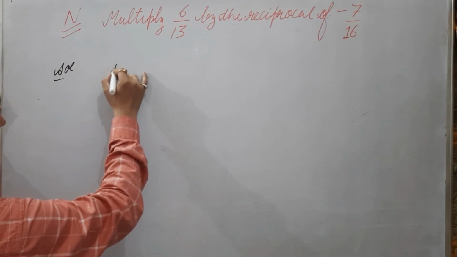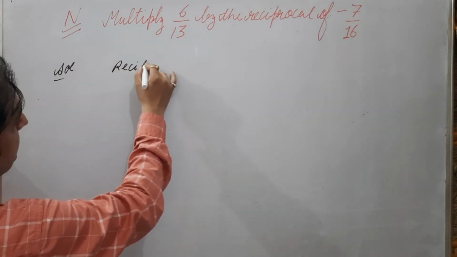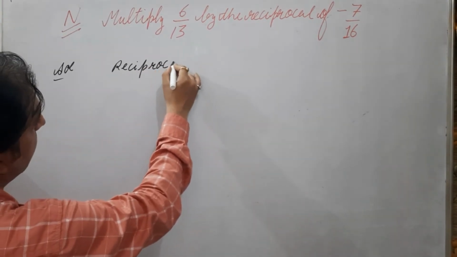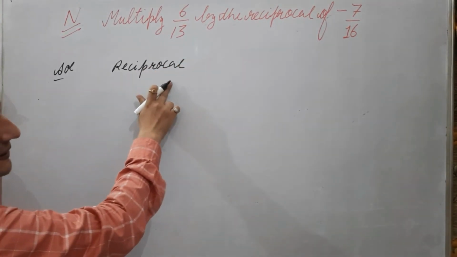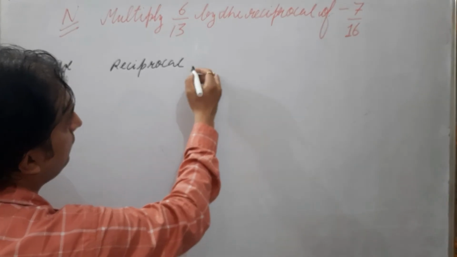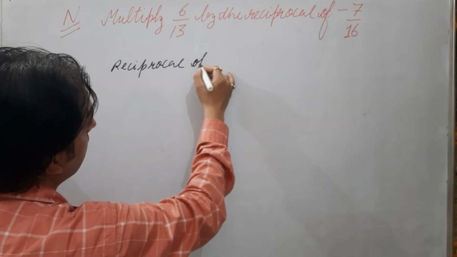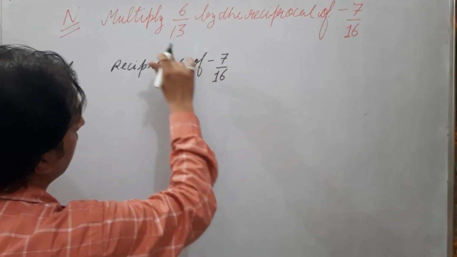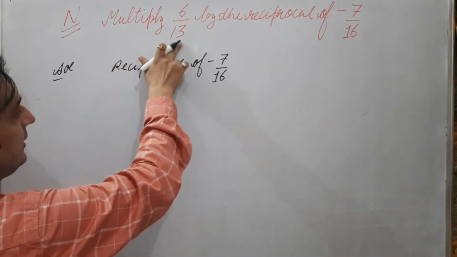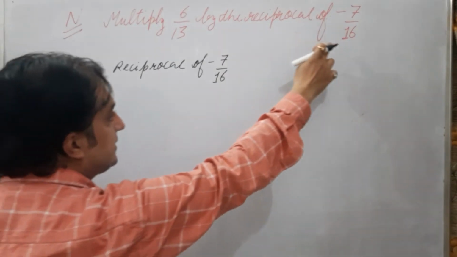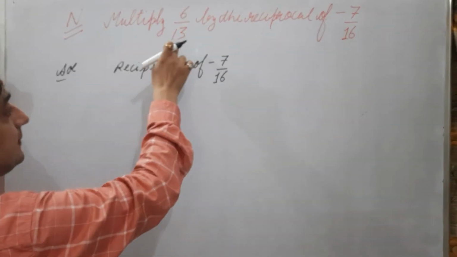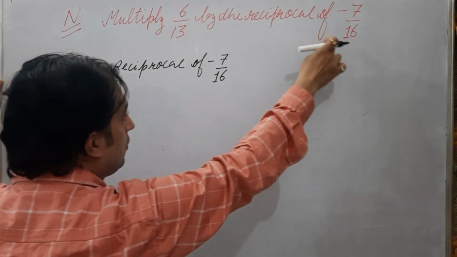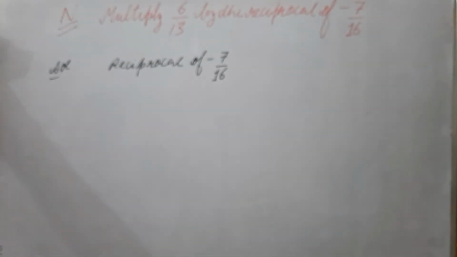Reciprocal means the multiplicative inverse. Reciprocal of minus 7 upon 16. We don't multiply this rational number with this rational number, because we have to multiply this rational number with the reciprocal of the other rational number.